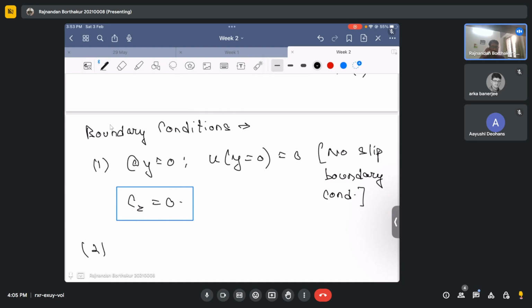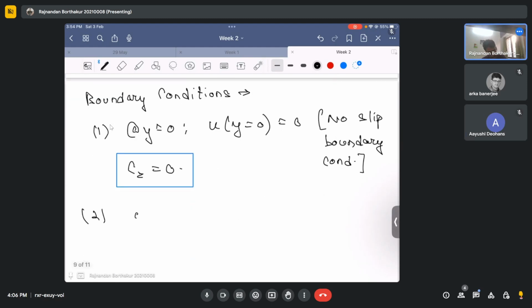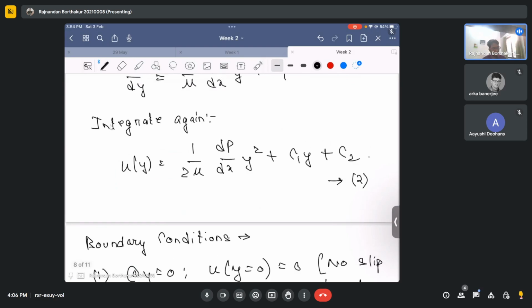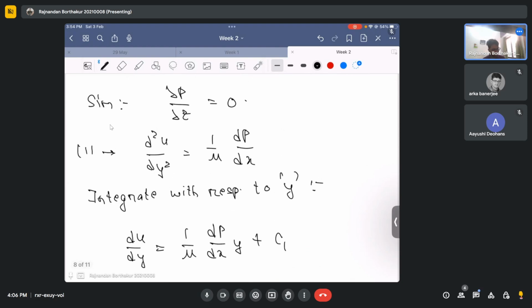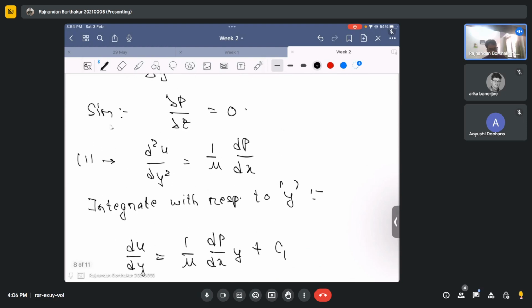Can you tell me what the second boundary condition would be for this case? U at y equal to h is u naught. Exactly, you were right. At y equals h, u is u naught. That is fine. But before this, I just want to ask you a question. What is the order of this differential equation?